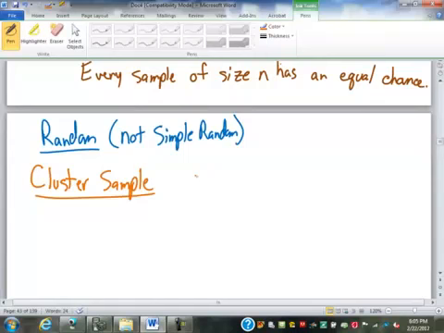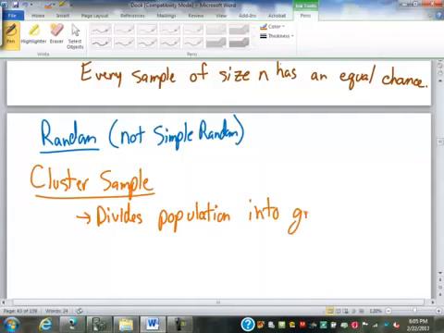Well, if they throw the names of everybody in the city into a hat and draw them out, they're going to be skipping around all over the city testing these signals. So what a cluster sample does is it divides the population into groups, then randomly selects several groups.